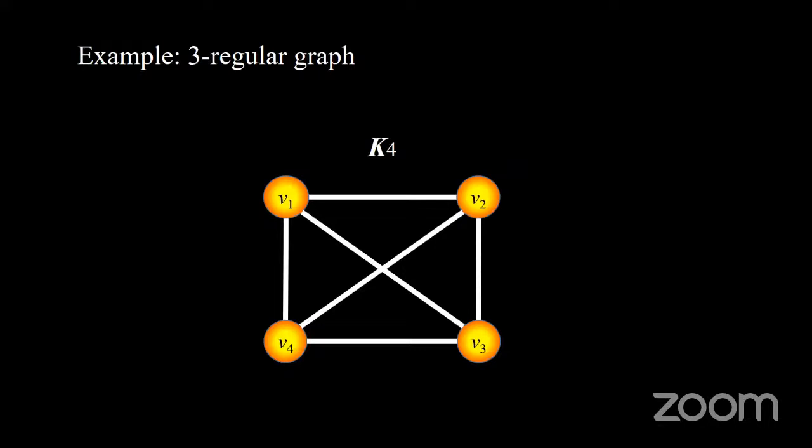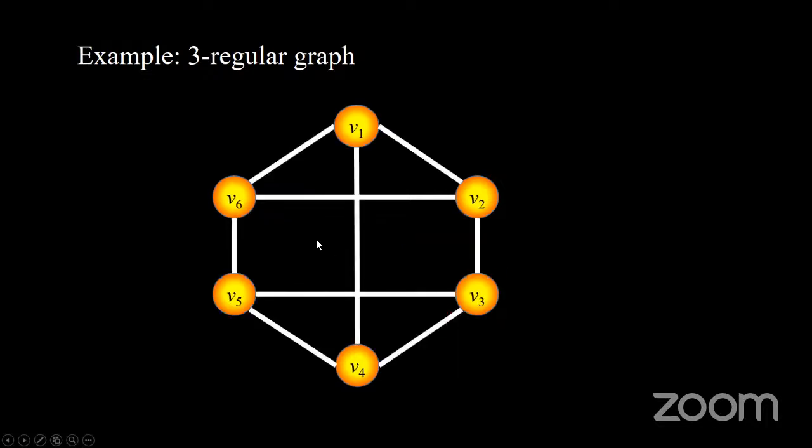Now 3-regular graphs. So every vertex has degree 3. So this vertex has 1, 2, 3. This one is 1, 2, 3, and so on. Yeah. So this one is also 3-regular.